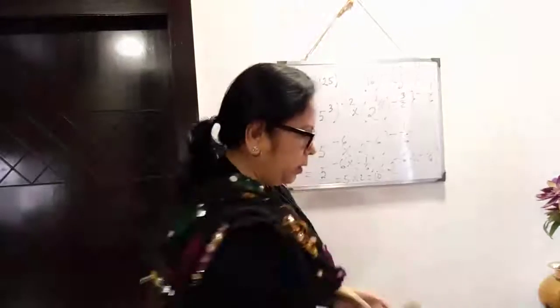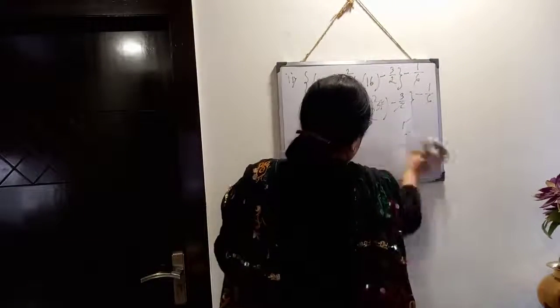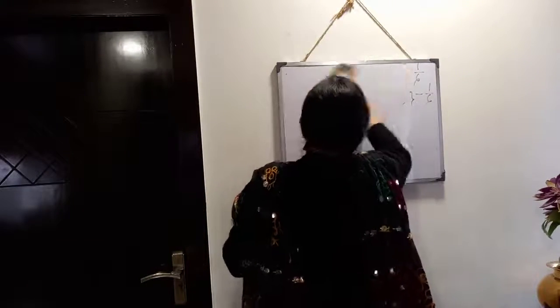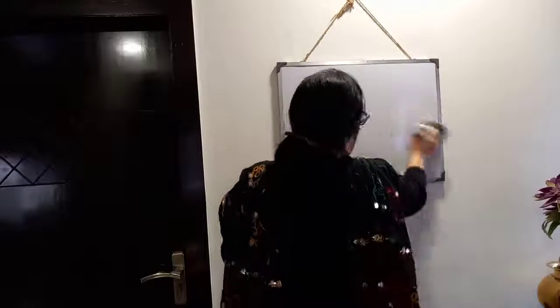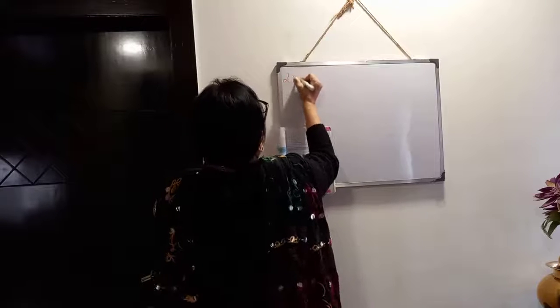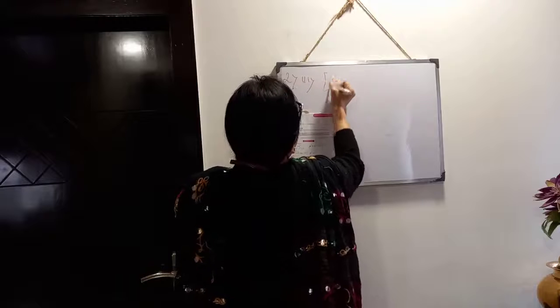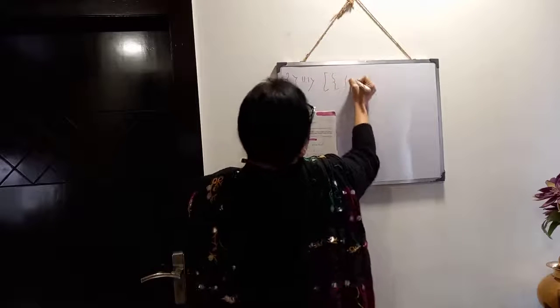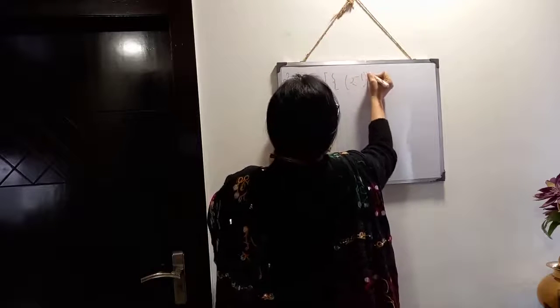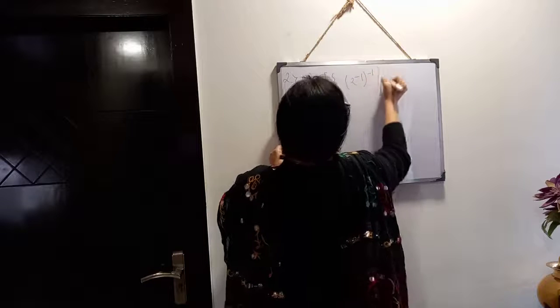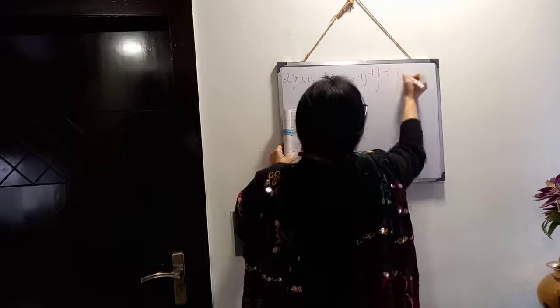Now I am doing one easy sum. Sum number 3. Step by step, we will open the bracket. Minus 1, minus 1, minus 1.